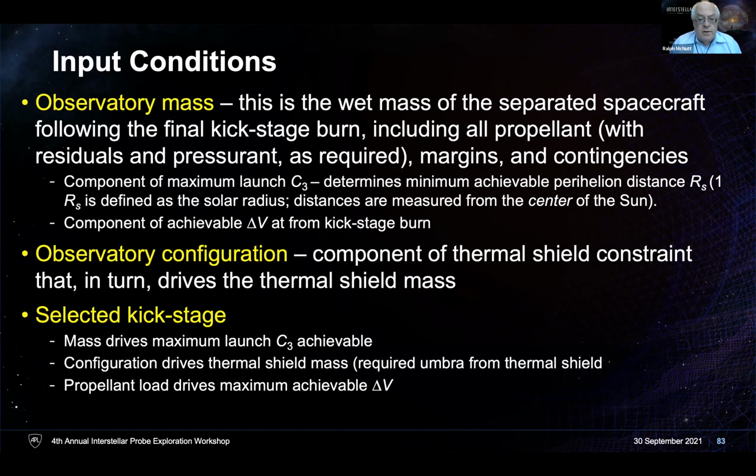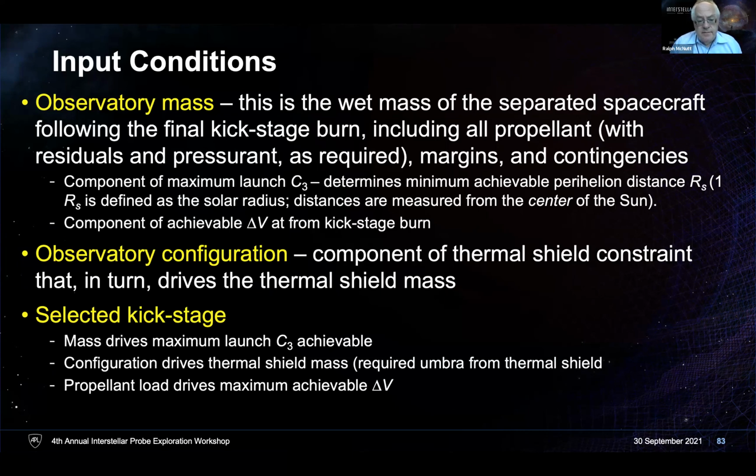Basically, we set up a tool where one could input the observatory mass, the observatory configuration, and select the kick stage, including all the various margins and reserves that would be appropriate on the masses to try to be able to do an apples to apples comparison of what one could do with all of the various launch combinations that we took a look at.